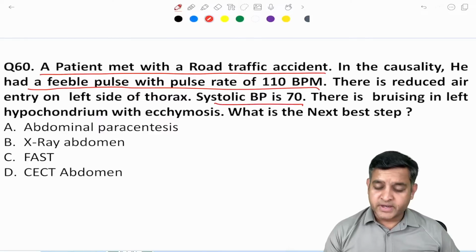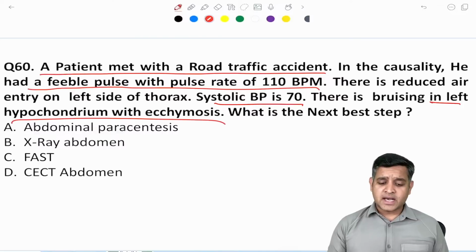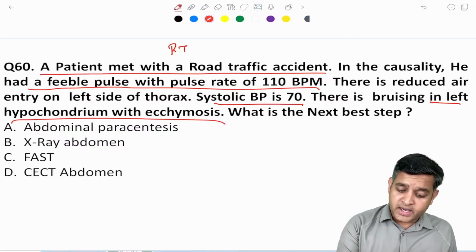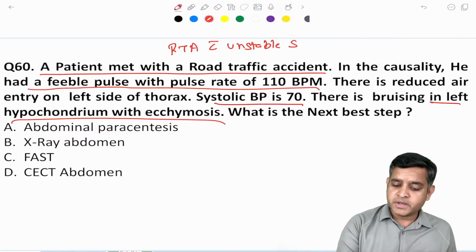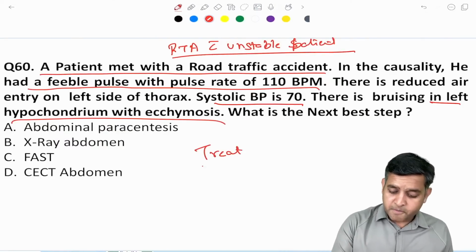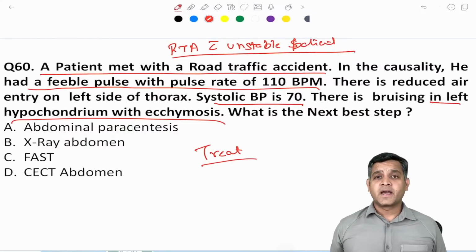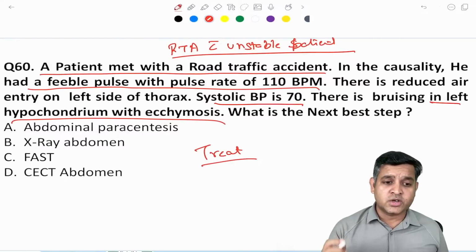Systolic BP is 70. There is bruising in the left hypochondrium with ecchymosis. The examiner has given you the history of an RTA with an unstable patient. Please remember, if a patient is unstable after an RTA, your aim is to treat without wasting time. And the only investigations that can be done in these cases are the ones that are not wasting your time.